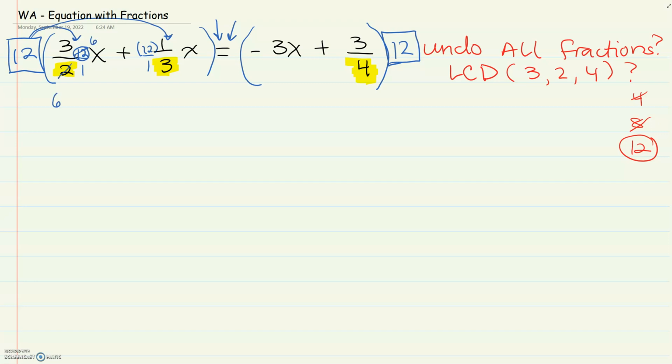So I will have 6 multiplied by what I had before there, which is 3x, plus, well, I have 1x there before, so I'm going to leave that. And then I would say, well, 12 divided by 3 is 4. So I have 4 multiplied by 1x, or I don't really need that 1 there, right? So 4 times x is what I have there, or say 1x, if that makes more sense to you.